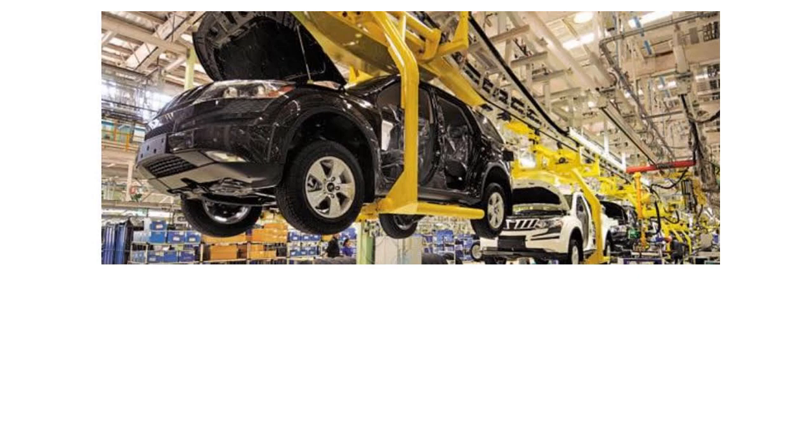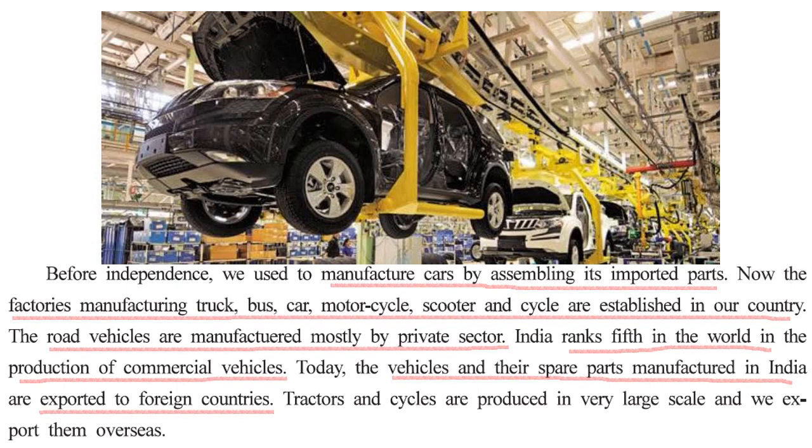So this is something kind of a revolutionary technology used for the production of cars. Before independence, we used to manufacture cars by assembling imported parts. Just like today, the mobile phones are imported from China and then assembled in India, and they are given the title that made in India. Basically, they are just assembled, they are not made in India.